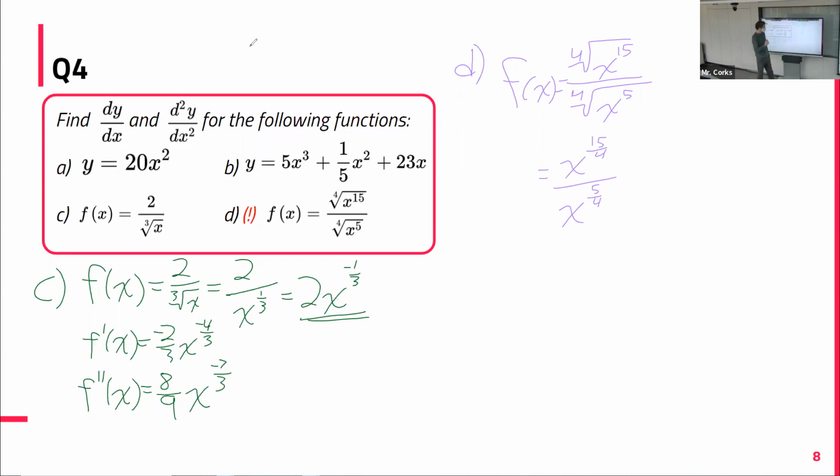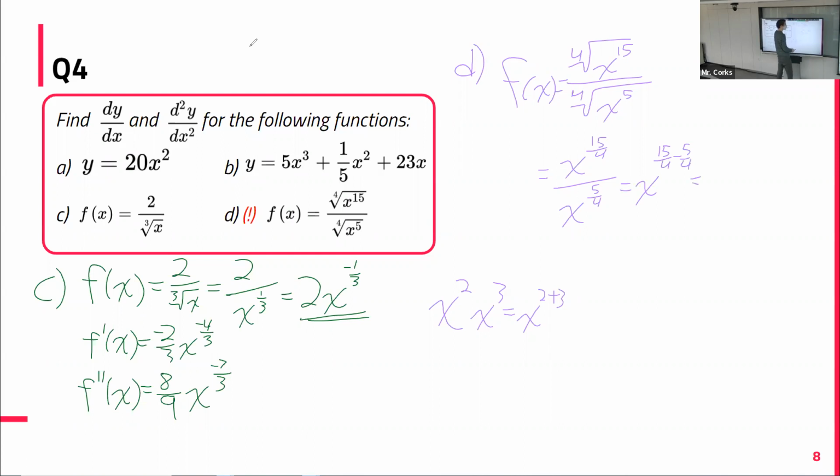Okay, just like we have x squared times x cubed, that's x to the exponent 2 plus 3. If the same base is being multiplied, we add the exponents. Here, if we have the same base being divided, we subtract the exponents. So this is x to the exponent 15 over 4 minus 5 over 4.